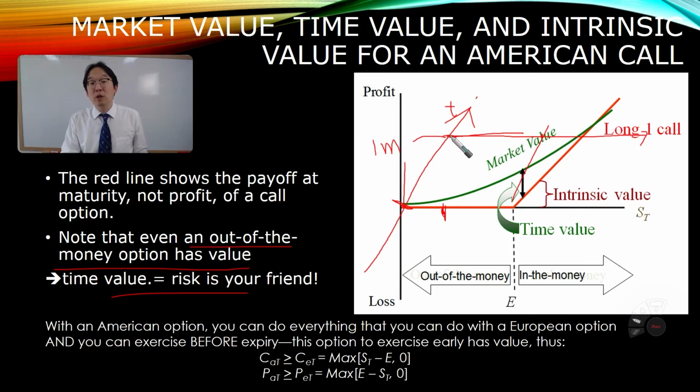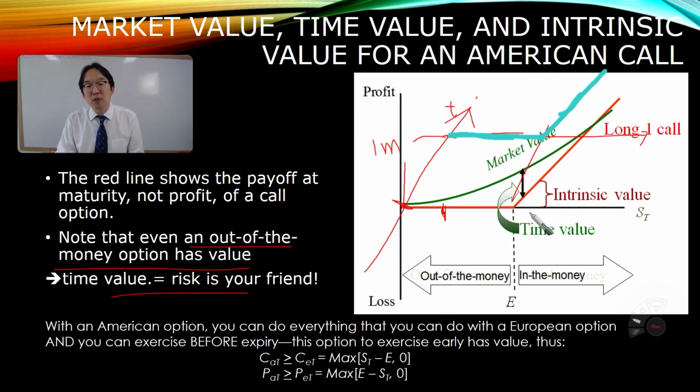So on the maturity date or expiration date, it'll be like this. You will not exercise the call option if it is out of the money. But if it is in the money, what would you do? You will exercise, and then the payoff will be like a 45 degrees line, just parallel to what you see over here. Parallel, okay? A 45 degrees line on the maturity date.